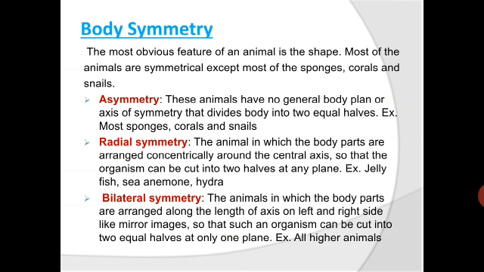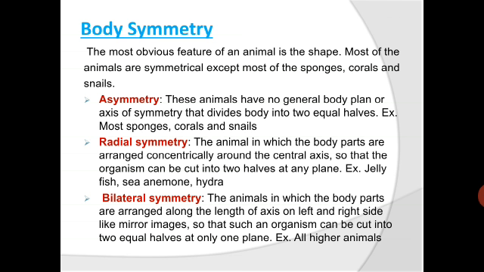These animals have no general body plan or axis of symmetry that divides the body into two equal halves. Example, most of the sponges, corals and snails. So asymmetry means what? Here they have no general body plan and these animals cannot be divided into two equal halves from any plane and hence they are called asymmetrical.